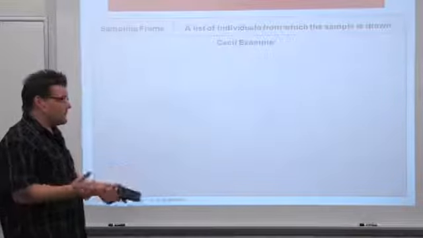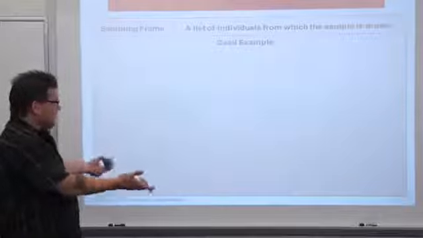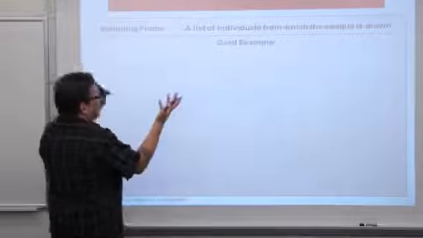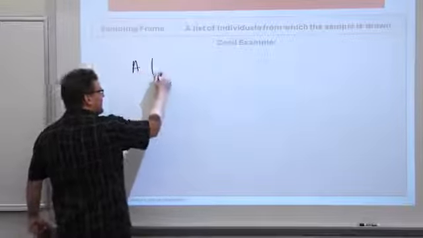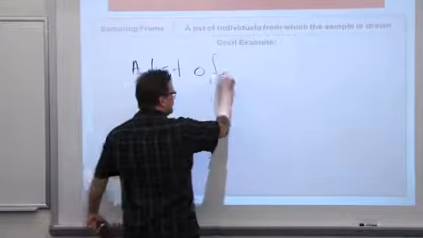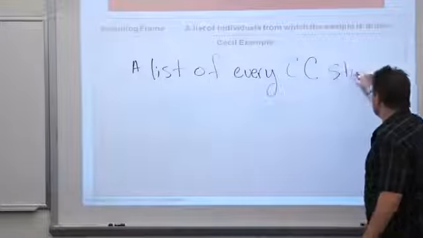That's private information. I don't think published anywhere on the internet is a list of every student that attends Cecil College. If we could get it, that's what a sampling frame would be. A frame would be a list of every Cecil College student.